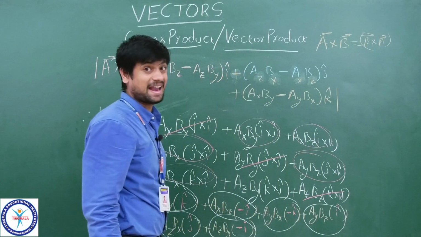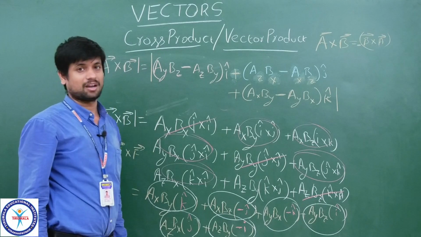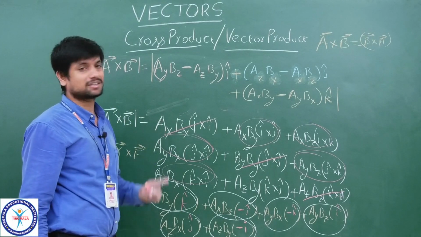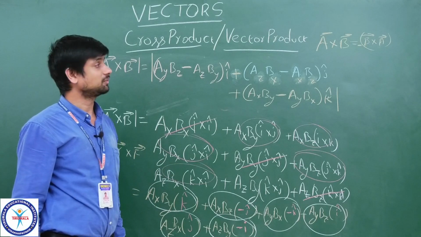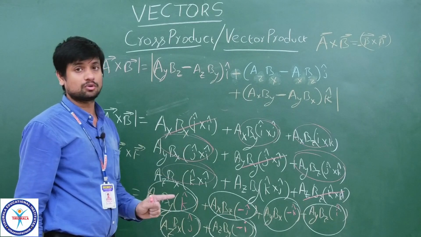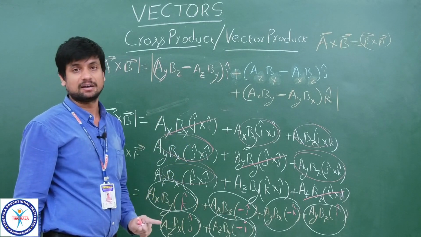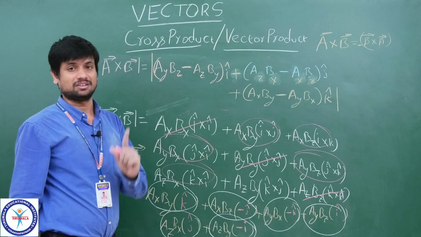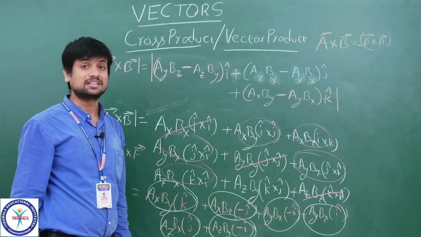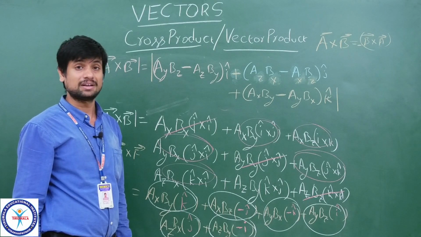That is why it is anti-commutative. Dot product obeys the commutative law, but cross product does not obey the commutative law. That is why this is the anti-commutative law. And one more, it obeys the distributive law over addition. In the same way, dot product also obeys the distributive law over addition.